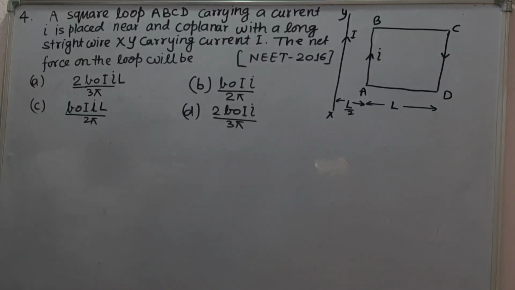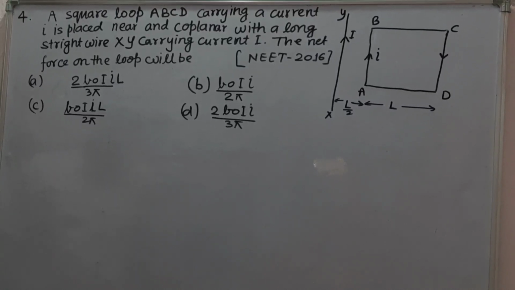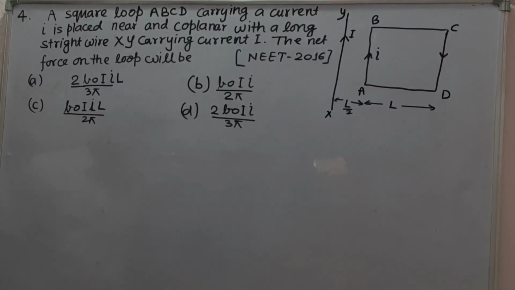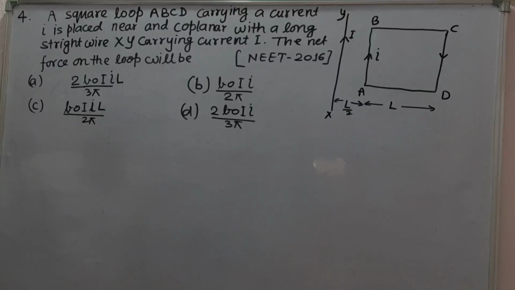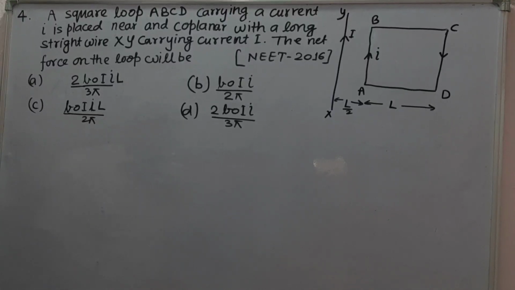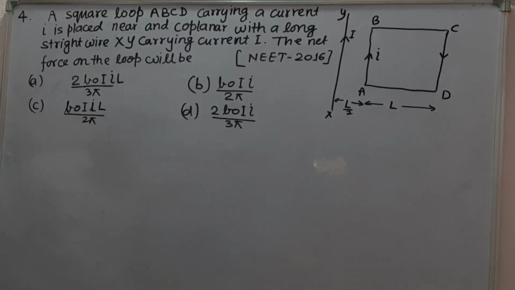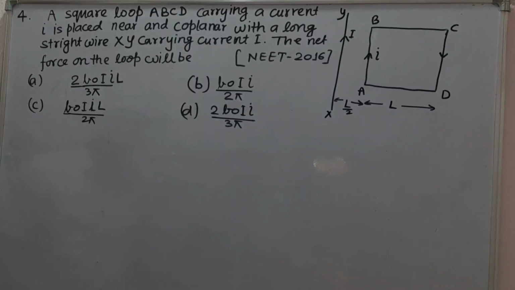Now next, question number 4. The question is, a square loop ABCD carrying a current I is placed near and coplanar with the long straight wire XY carrying current I. The net force on the loop will be.